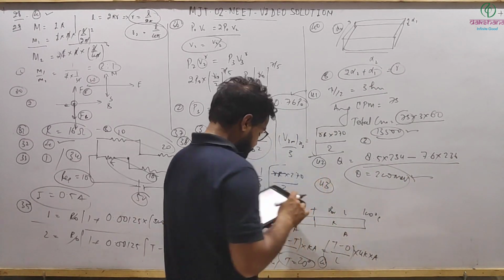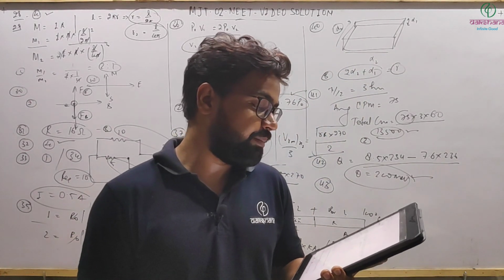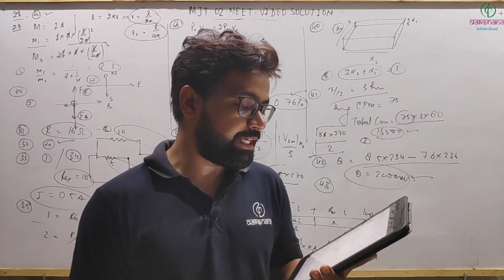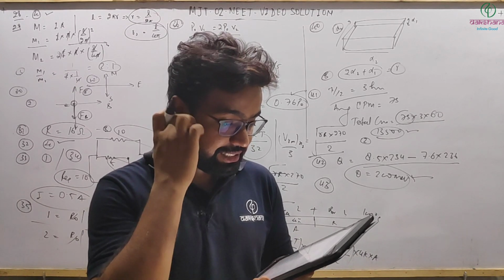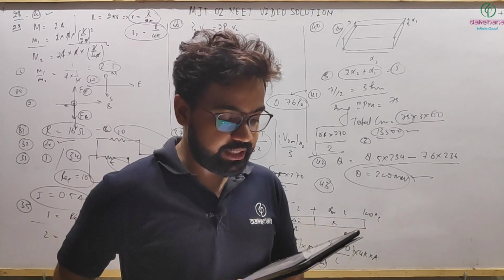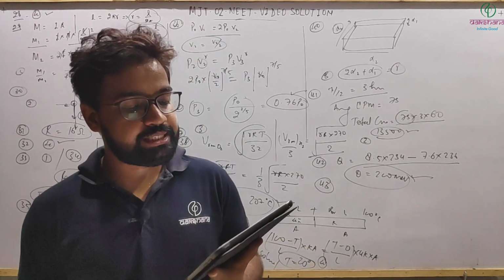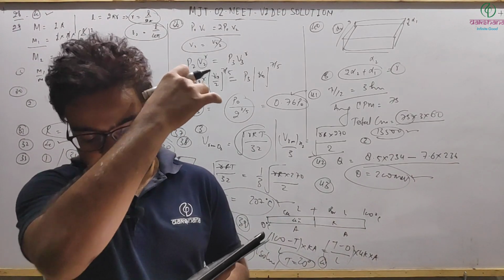Next question number 43. Energy levels A, B, C of a certain atom corresponding to increasing value of energy, EA less than EB less than EC. Lambda 1, lambda 2 and lambda 3 are the wavelengths of radiation corresponding to the transitions C to B, B to A and C to A respectively. Which of the following relations are correct?